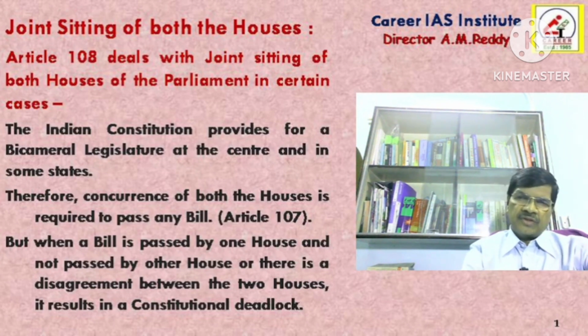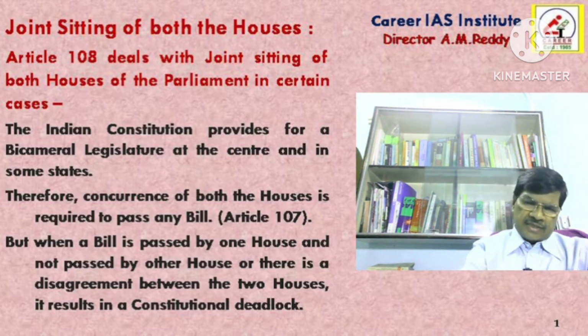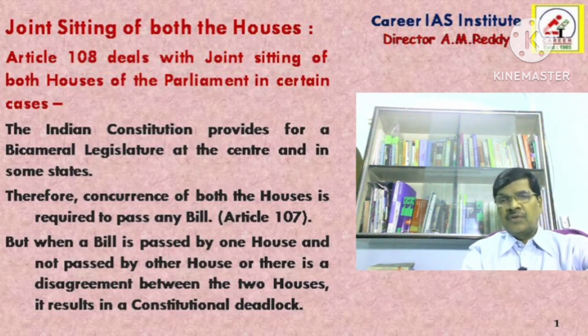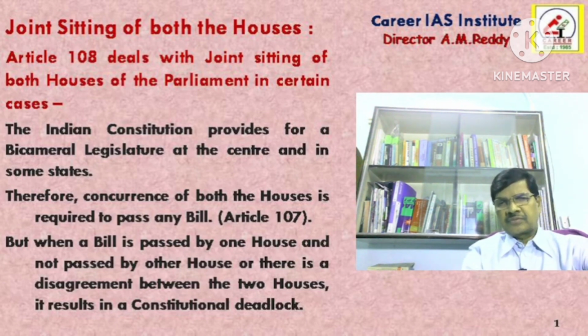But when a bill is introduced in one house and passed by that house, and is either rejected by the second house, or the second house passes the bill with certain amendments which are not acceptable to the first house, that shall result in a constitutional deadlock. Constitutional deadlock means the bill will become uncertain, with no action.